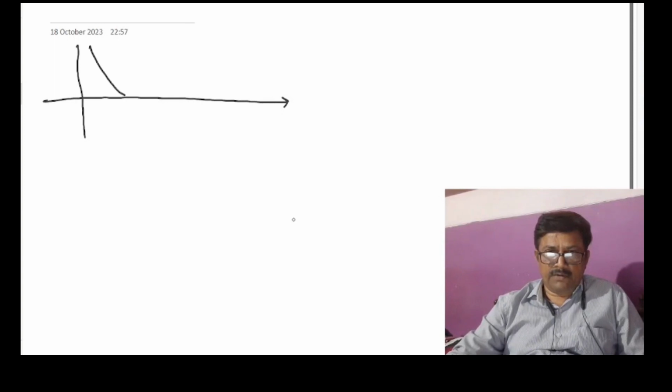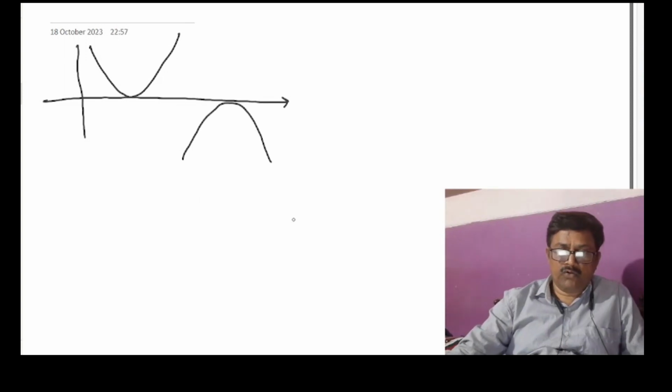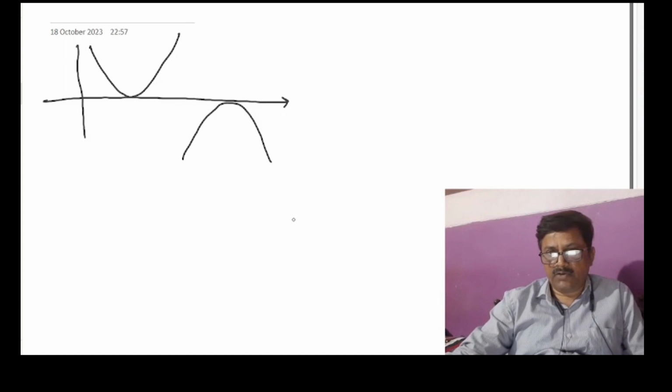The graph will be like this, opening upward or opening downward, because here we don't know about A. I am only discussing the discriminant. So two equal roots means only one real root. So for only one value of x, y will be 0, and the graph will cut the x-axis only at one point. Here y will be 0.